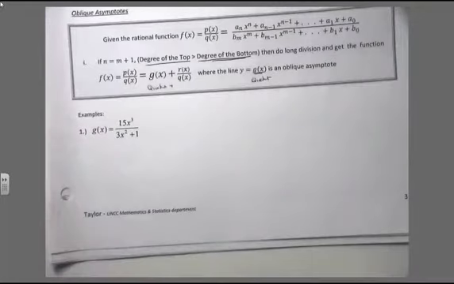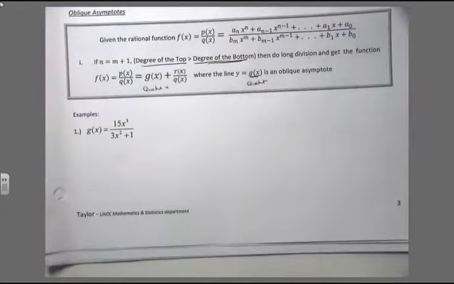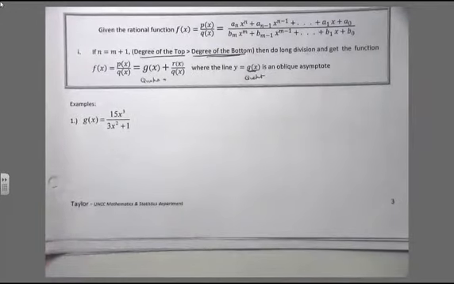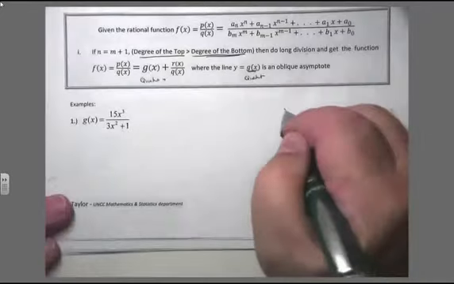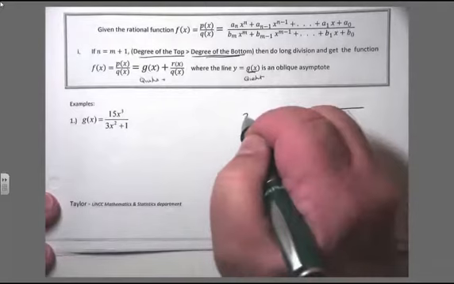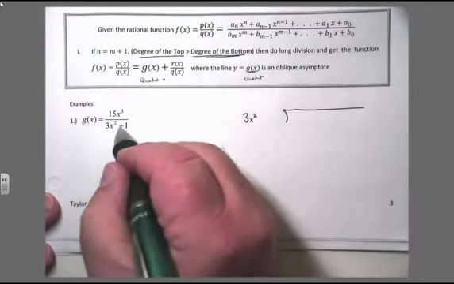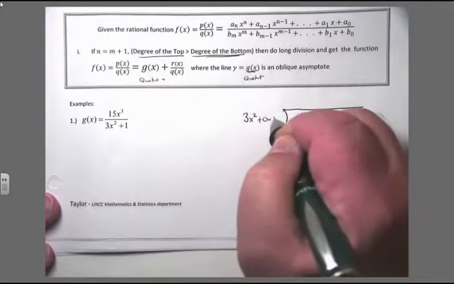So on this particular example, the degree of the top is 3. The degree of the bottom is 2. The degree of the top is bigger than the degree of the bottom. Therefore, this thing has an oblique asymptote. What will it be? Well, here's a good time to practice your long division. What's my divisor? 3x squared plus 0x plus 1.